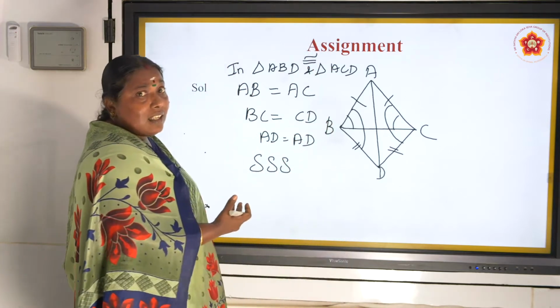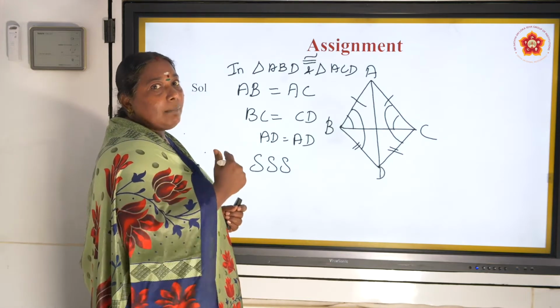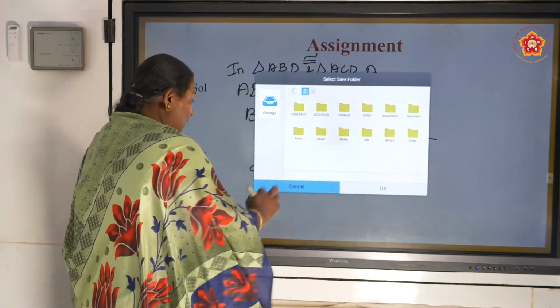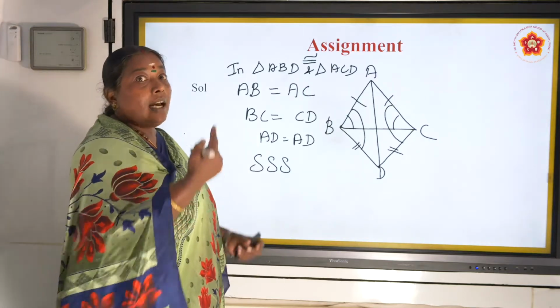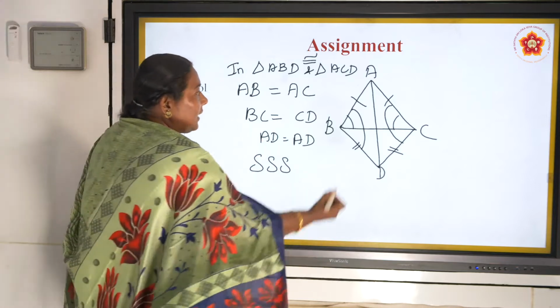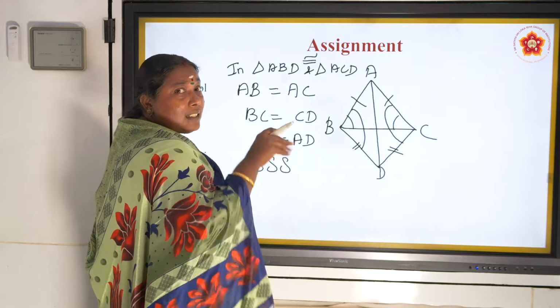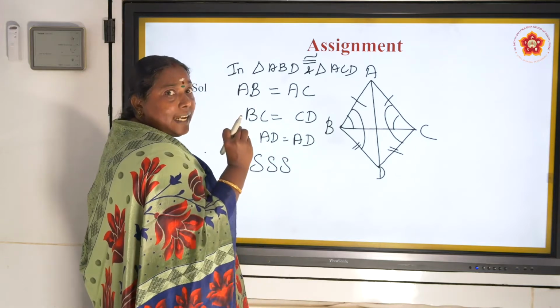Since both the triangles are congruent, my helper CPCT comes. He will come and tell that if the triangles are congruent, then the corresponding angles should be equal. So with the help of CPCT, I can tell that all the angles are equal, and my needed angle is also there.